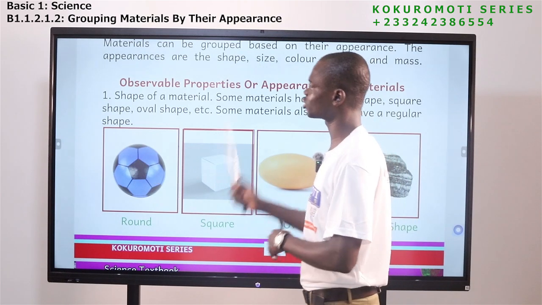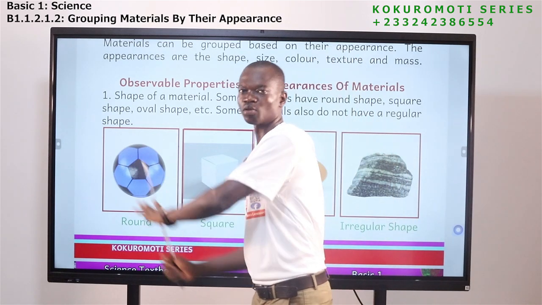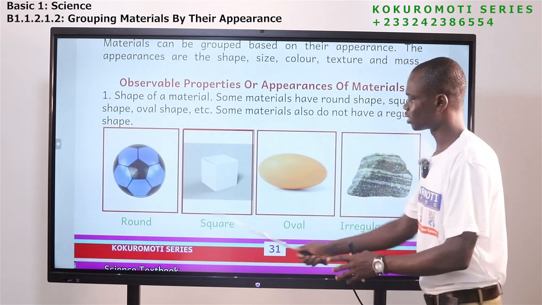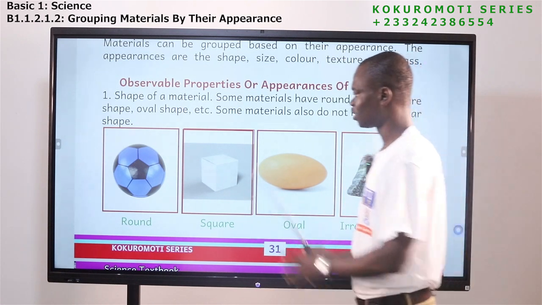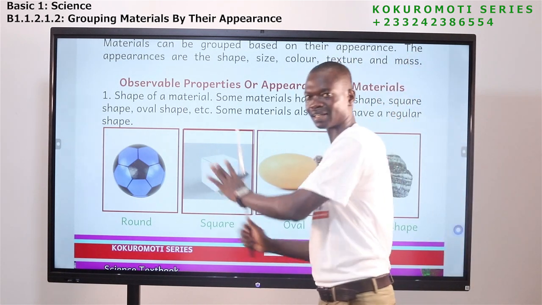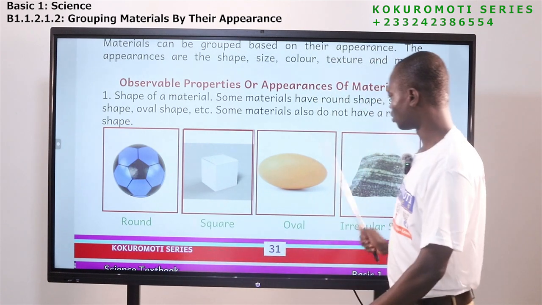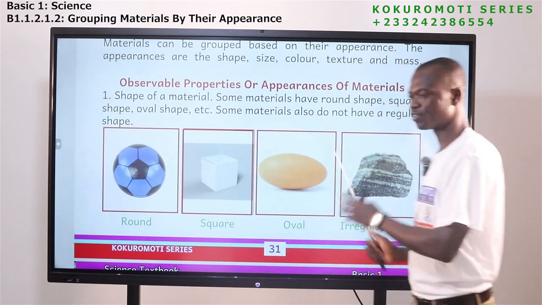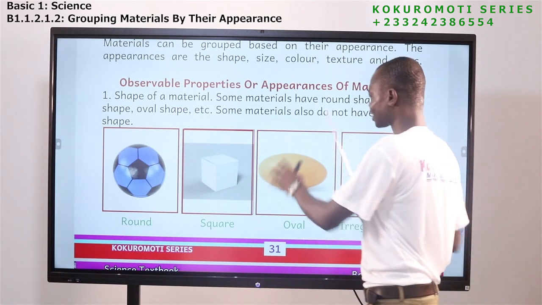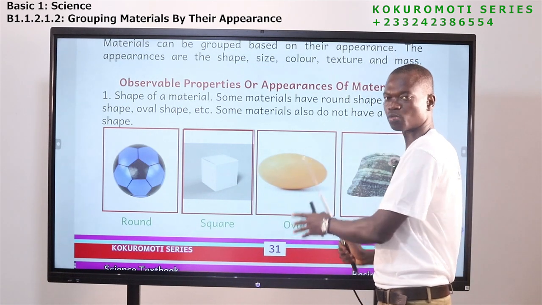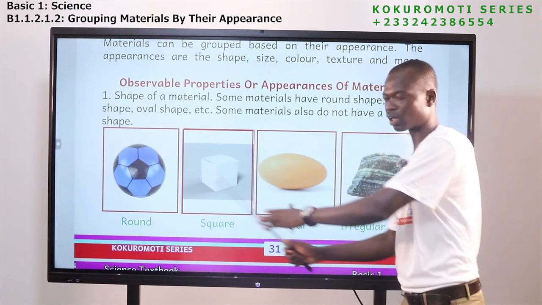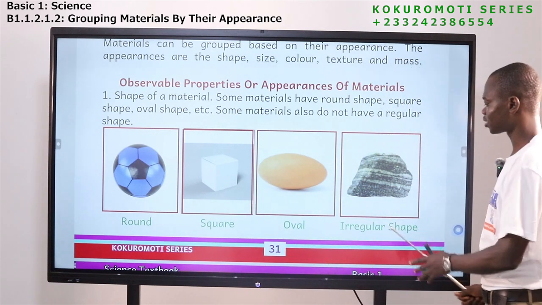So in terms of shape, this and table tennis ball will go to one place. If I give you a bigger box that is also square, you put that one and this one at the same place. You get it? Look at this. This is what? Egg. If I give you another object that has similar or same shape, you add it to this and then you put it in one group. And this one too is irregular.